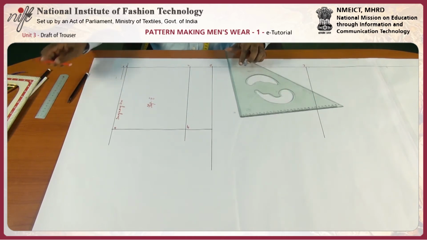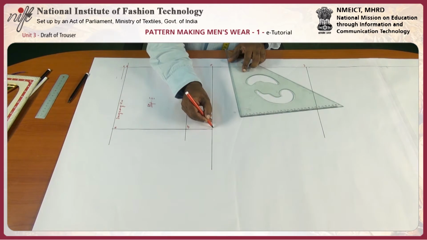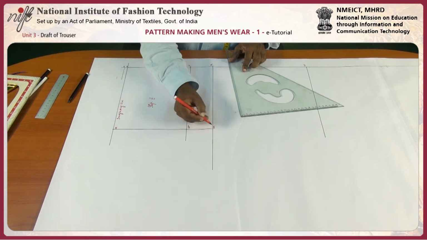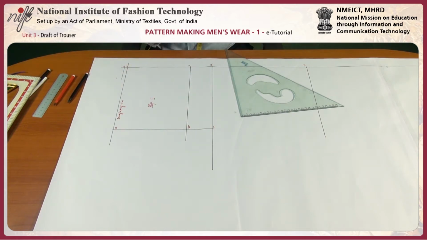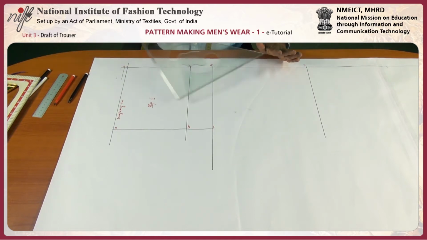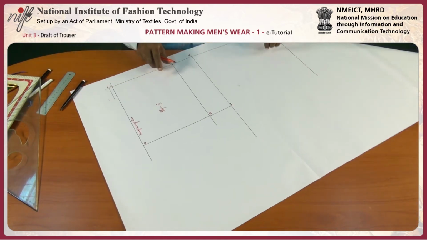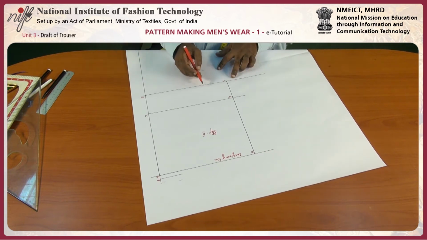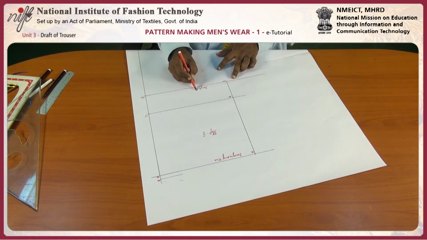The intersection will be D. A to E, 8.1 centimeter. C to F, 9.7 centimeter.